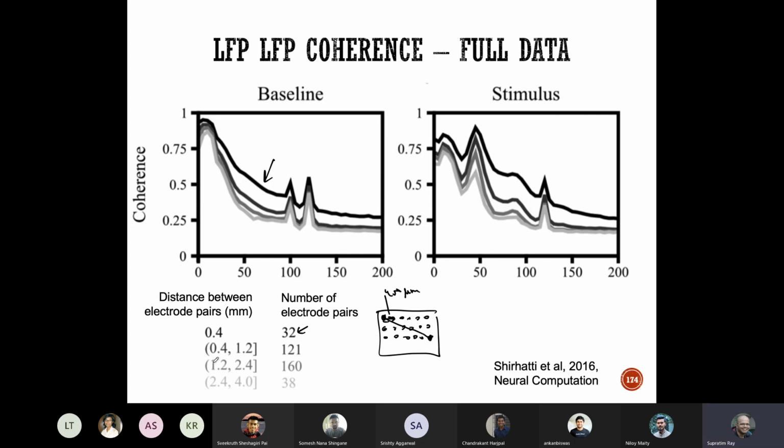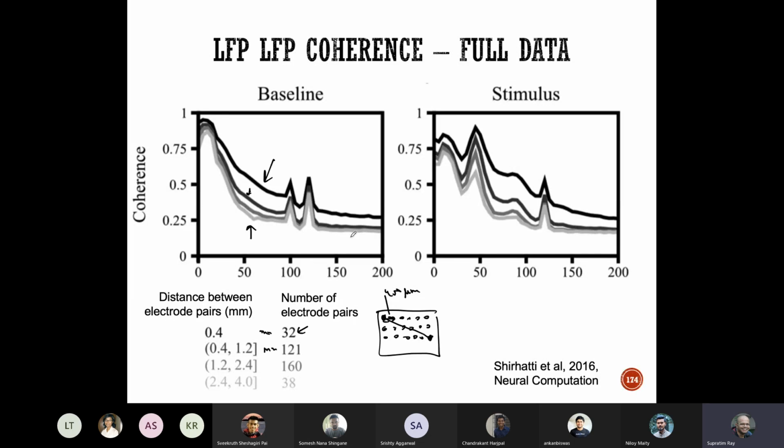All electrode pairs that are between 0.4 and 1.2 millimeters, where 0.4 millimeters is 400 microns. There are 121 such pairs, and then the LFP coherence is given by this. As you go farther and farther, notice that the coherence is falling.